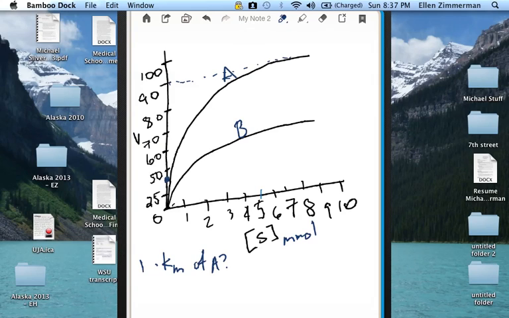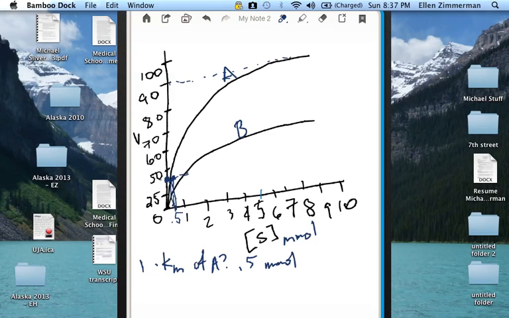So we come here, and then extrapolate it to the x-axis. Ignore these dots, because we're looking at A. So 45, and then just come down. So let's say this is about 0.5. That would be the Km of A, in millimoles.